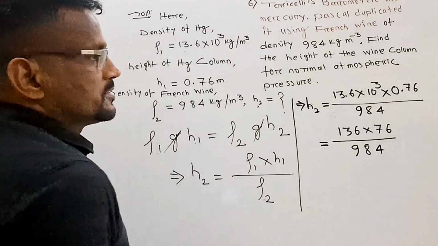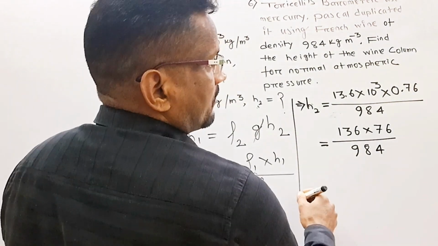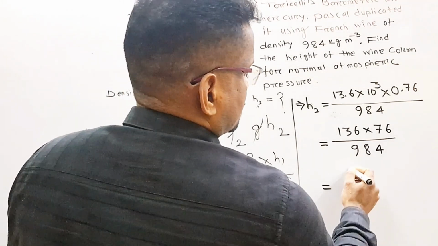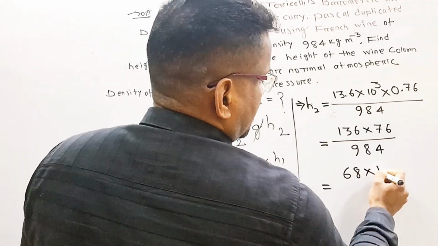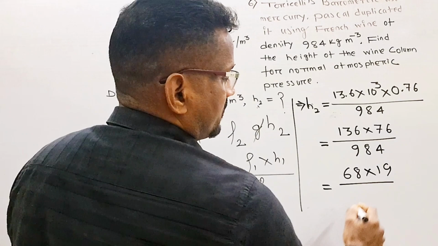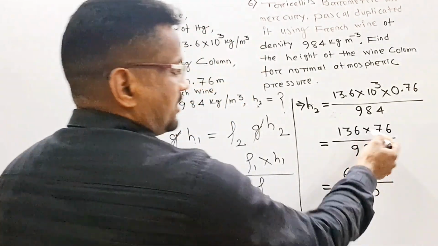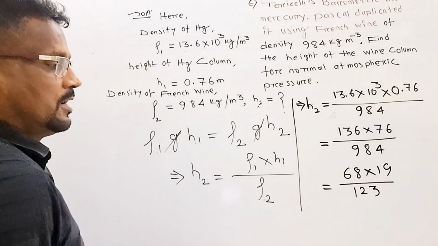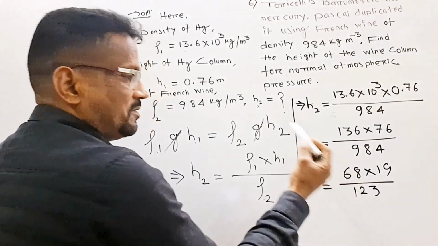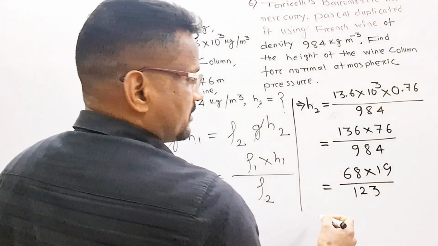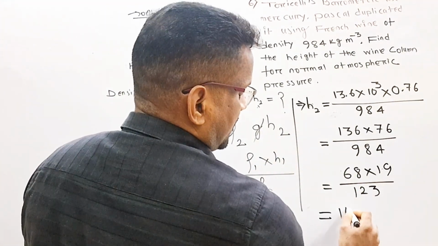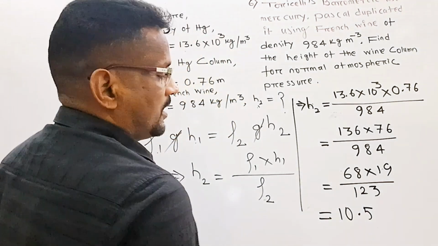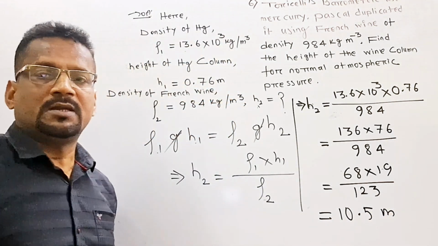After simplification you get 68 into 19 divided by 123. Multiply these two and divide by this. After that, your answer will be 10.5 and the unit is meter.